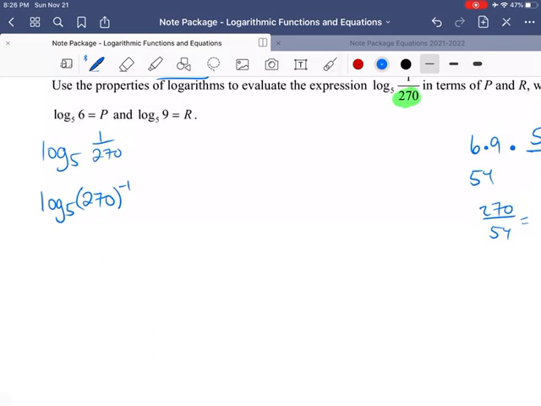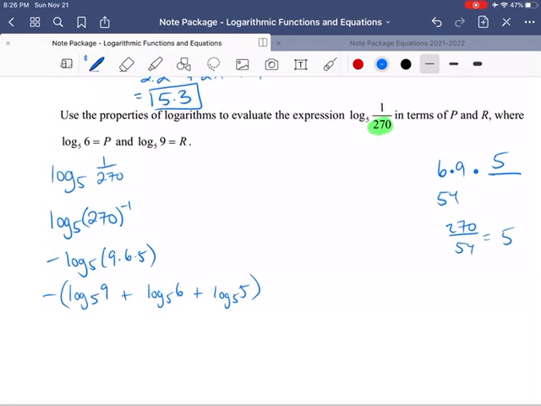Bring the negative 1 to the front, and you can just call it negative. And 270 we're going to split up into 9 times 6 times 5. So three separate logarithms: we've got negative log 5 of 9 plus log 5 of 6 plus log 5 of 5.